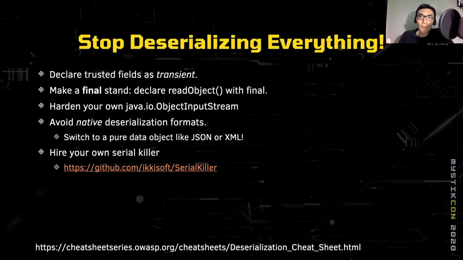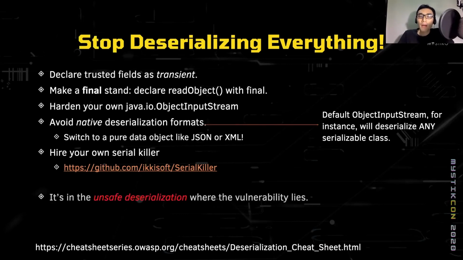But I'm going to talk a bit about the fourth point in particular, because the fourth point is important. Avoid native deserialization formats. The reason for that is because the default ObjectInputStream, if you read through the documentation, doesn't check the byte stream that you pass it. Basically, it attempts to deserialize anything, which means if you are implementing a deserializer, you will want to find something that will check what kind of objects you're going to deserialize before you try to do so.